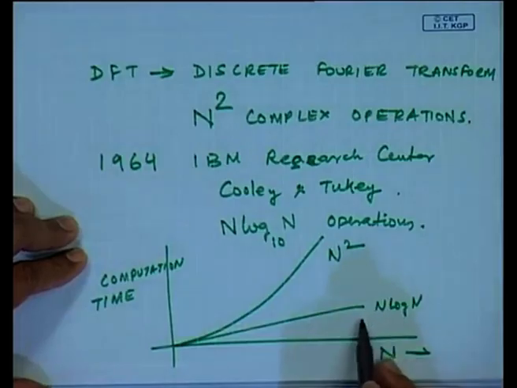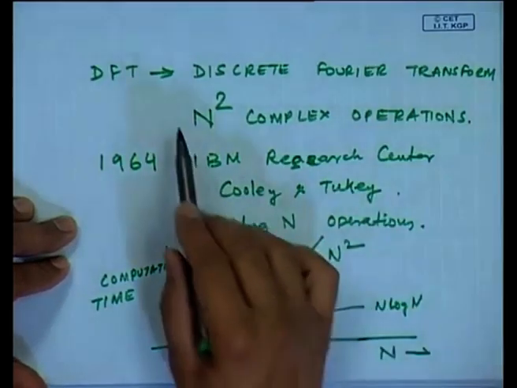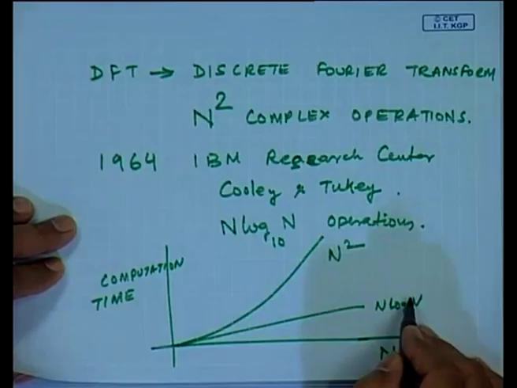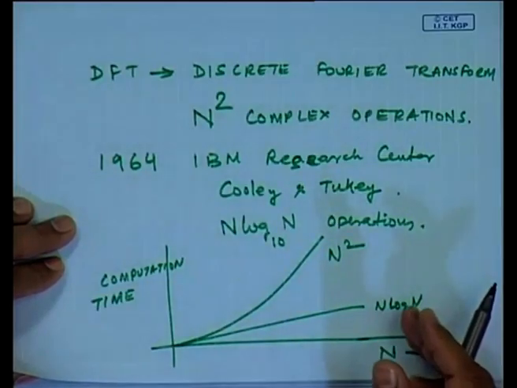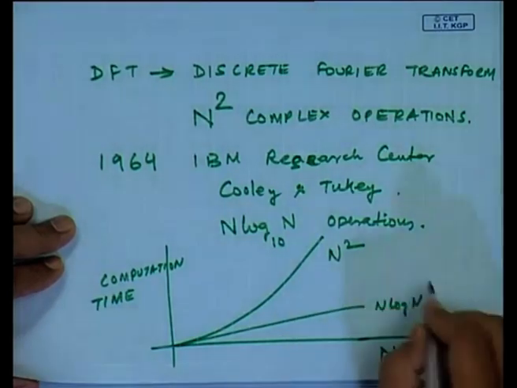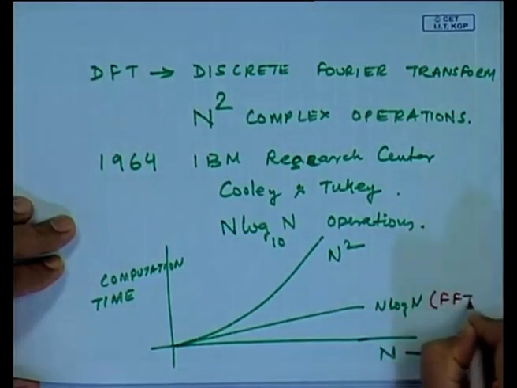So, this was a much faster way of doing the same DFT, and this gave rise to a fast way of doing discrete Fourier transform, which then came to be known as the fast Fourier transform.